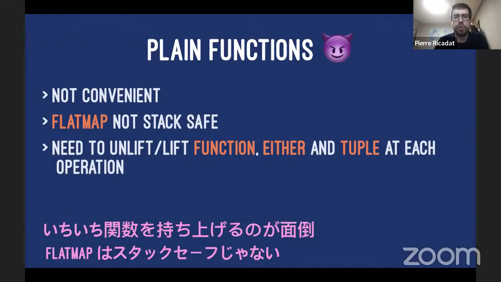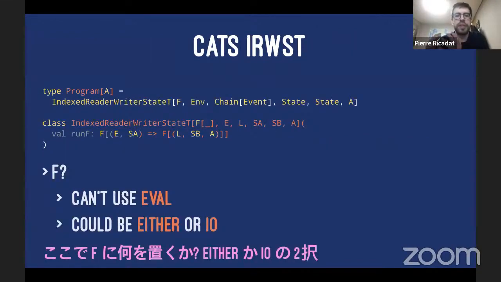A better approach would be to use a data type that is dedicated for this purpose. In the Cats library, there is a data type called IndexedReaderWriterStateT that is really designed for this case. It takes a type parameter F. In our case, we would use Either, because Either allows failure, Eval doesn't, or IO as well. So this data type is pretty convenient.